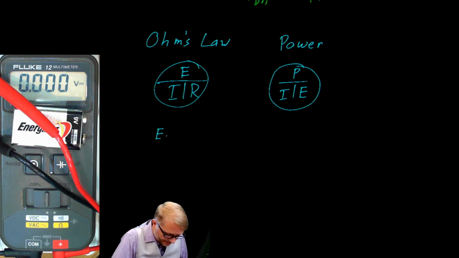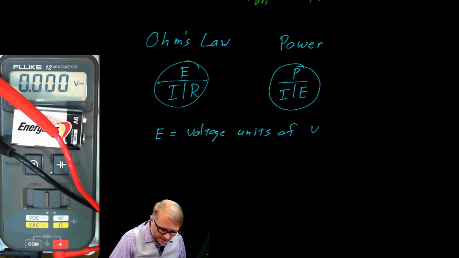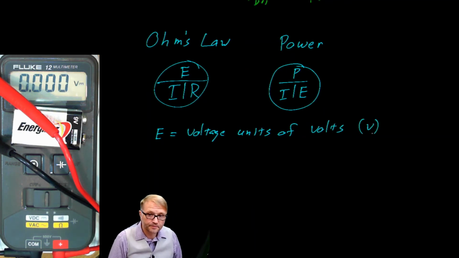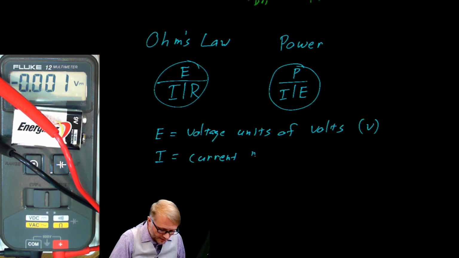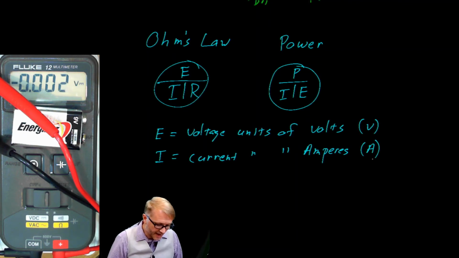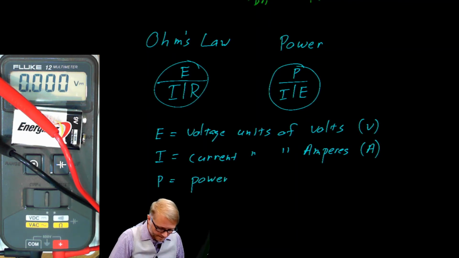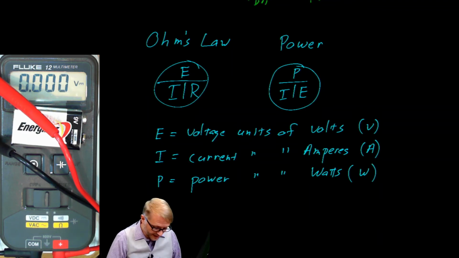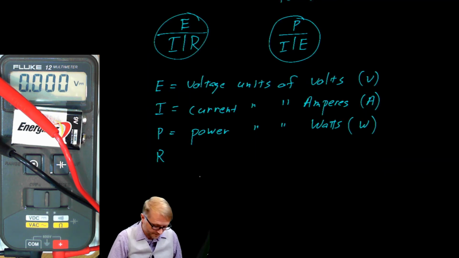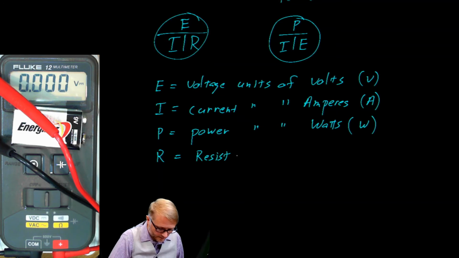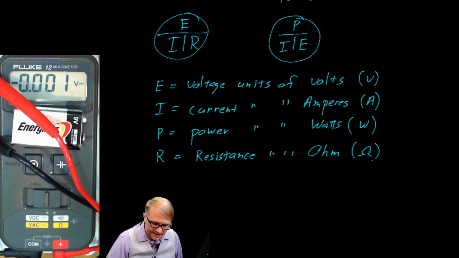We have E, which is the voltage, units of volts with a symbol of V. We have I, which is the intensity of the current, with units of amperes, which we abbreviate as A. We have power with units of watts, symbol W. And finally, we have resistance, with the units of ohms, abbreviation omega symbol.